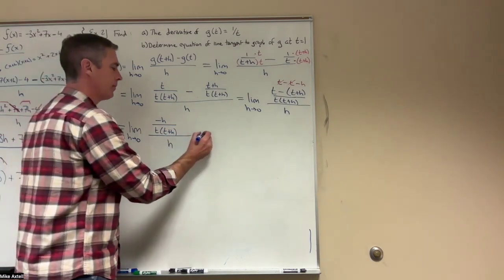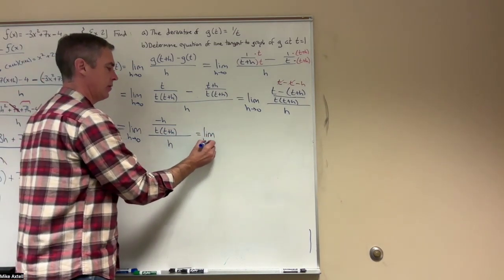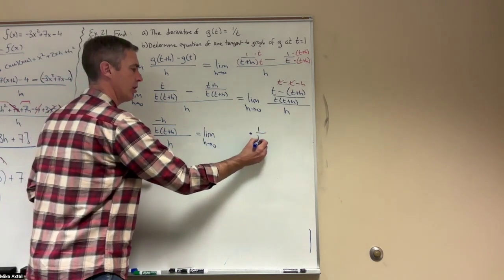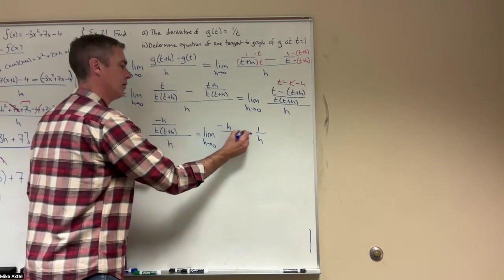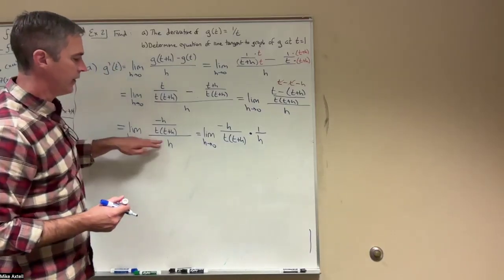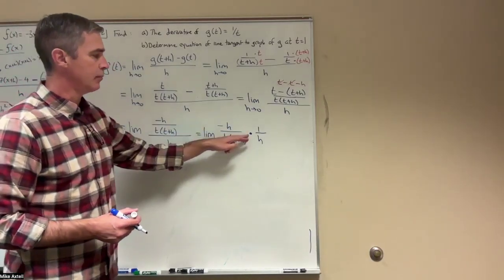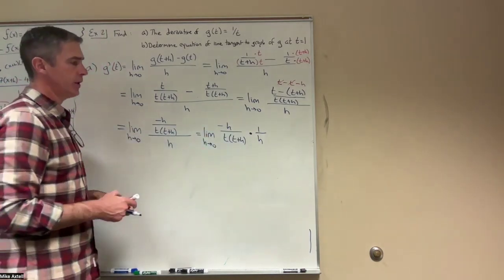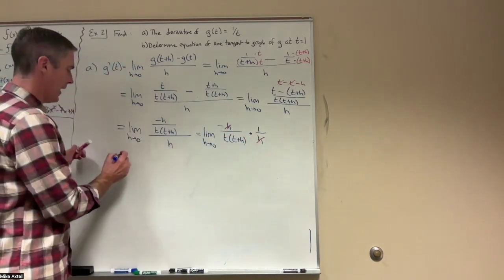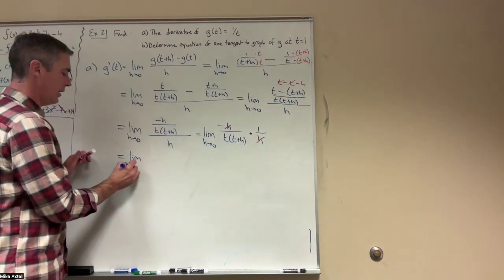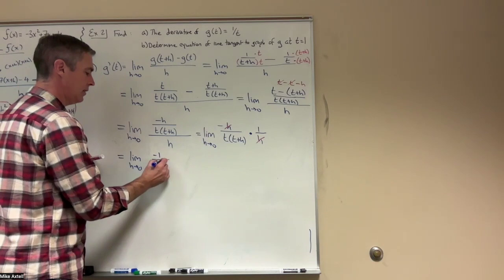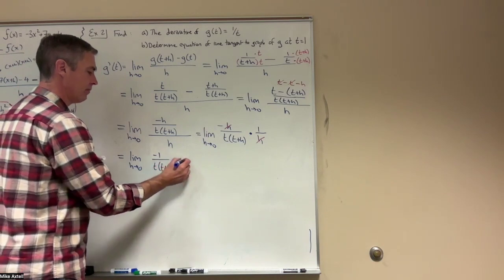All right, well, something nice happens here. Dividing by h is the same as multiplying by 1 over h. So I took this fraction, and dividing by h was the same as the fraction being multiplied by 1 over h. And that's really nice because now I see an h and an h cancel. So I have the limit as h approaches 0 of negative 1 on top, t plus h downstairs.